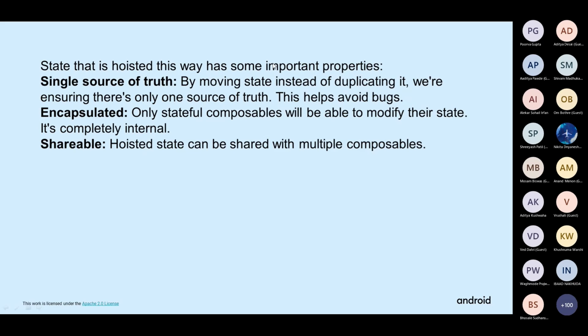State that is hoisted in this way has some important properties. These are the reasons why we make our composable stateless. One is single source of truth. By moving state instead of duplicating, we are ensuring that there is only one source of truth. This helps in avoiding bugs. For example, if we have an application which is storing the database of marks, and we make a duplicate copy, it is possible that while calculating something, it can create confusion.